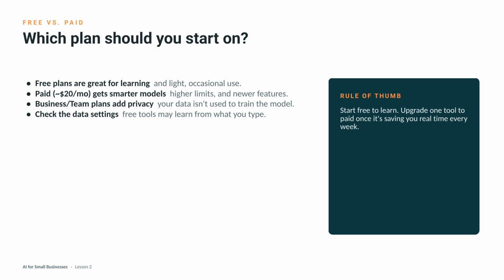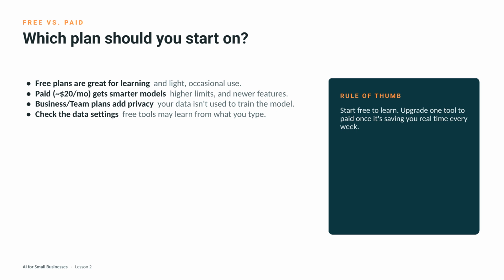A common question: free or paid? Start free. The free versions are perfect for learning and for light occasional use, and you'll get a real feel for what helps your business. Once a tool is clearly saving you time every single week, upgrade that one to the paid plan, usually around $20 a month, which gives you the smartest models, higher usage limits, and the newest features.